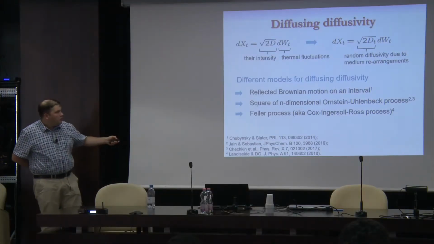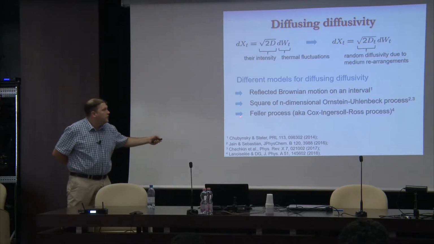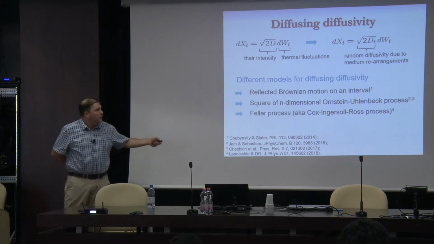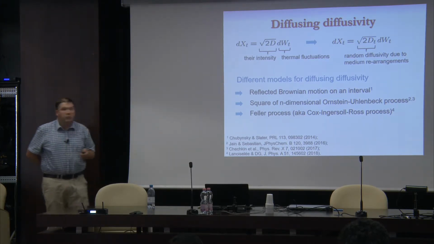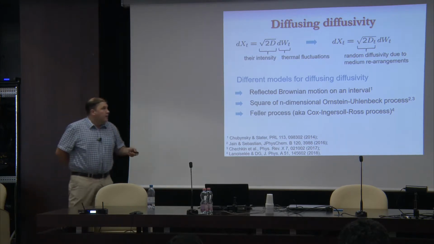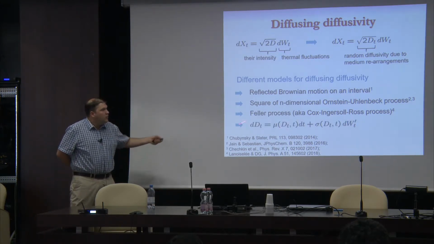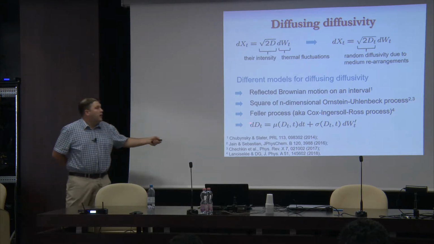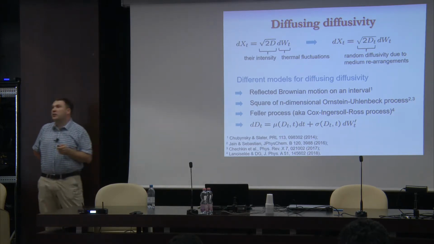In a recent work with my students, we proposed to model diffusivity with the Feller process, also known as the square root process, or in the financial literature as the Cox-Ingersoll-Ross process. In general, you can take essentially any stochastic equation you like, and you just have to again ensure that the diffusivity is non-negative.